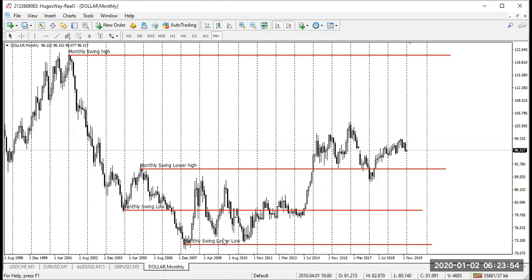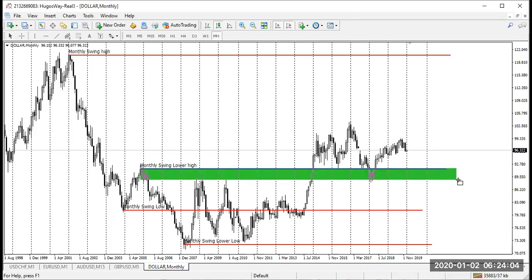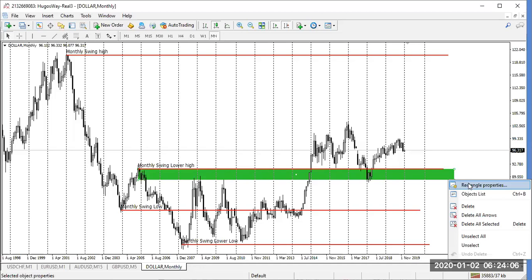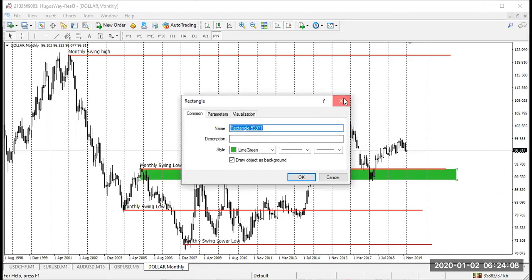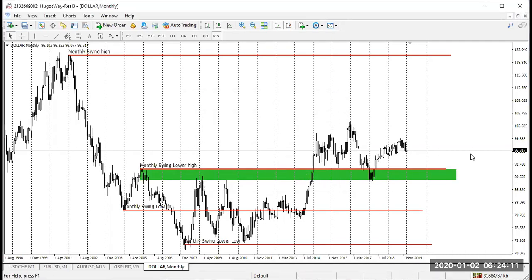Got it. Okay. Now, what we see here from the monthly swing lower low is we bounced up, and we can now pretty much claim this area as a zone. We'll leave it green. So that's going to be a bullish zone, support zone. Was resistance here, broken through, became support right here.